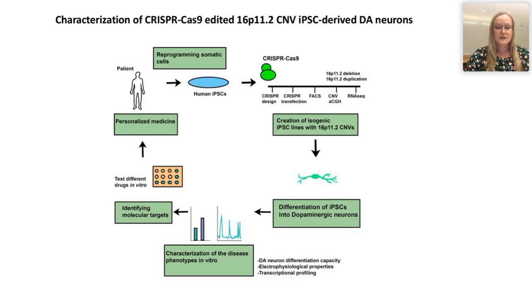Then we differentiated these isogenic lines into dopaminergic neurons in vitro and characterized their phenotypes by measuring different aspects of them, for example, dopamine neuron differentiation capacity, electrophysiological properties, and transcriptional profiling, to identify molecular targets and test different drugs for these cells to, in the end, develop personalized medicines for these patients.